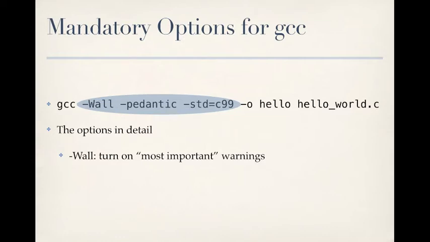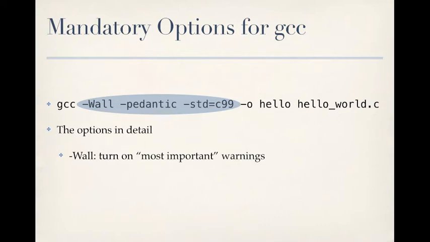So we really take care of warnings, and we want to have as many as possible, and we want to eliminate all the source parts which generate warnings, and so that's why we are turning on all or the most important warnings. If you want to know what kind of warnings are behind this -Wall, you could simply check out the GCC website, where you have a list of all the warnings in detail.